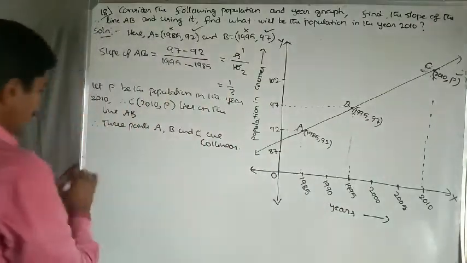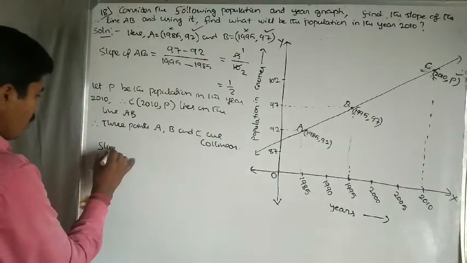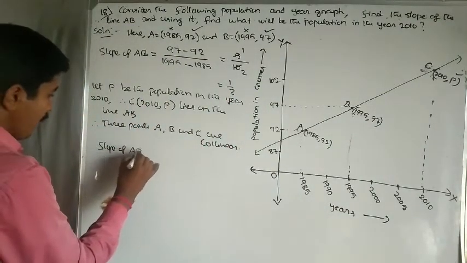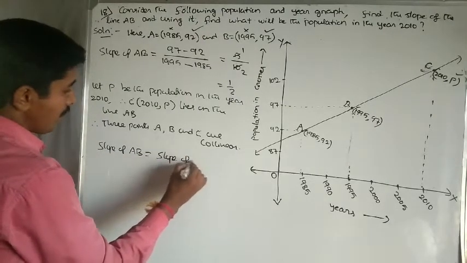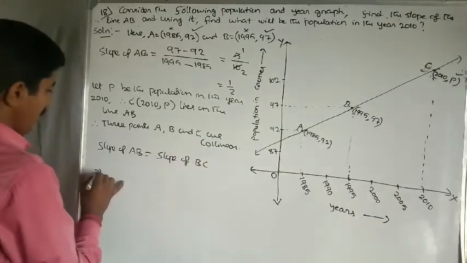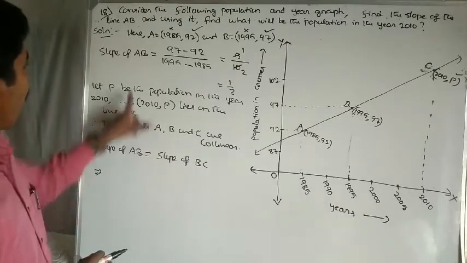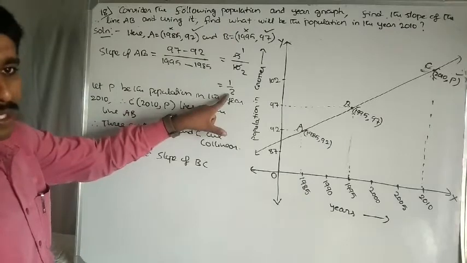We know that slope of AB equals slope of BC. Slope of AB, I am directly substituting half.